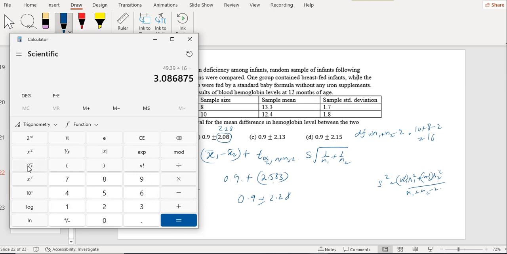Then we take its square root and multiply it with 2.583, and then multiply by the square root of reciprocal of 8 plus reciprocal of 10.